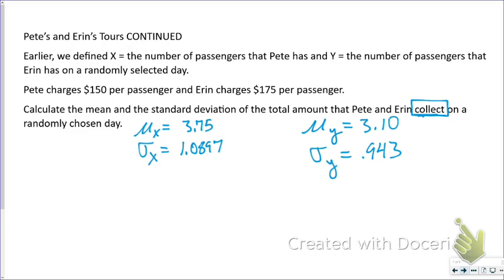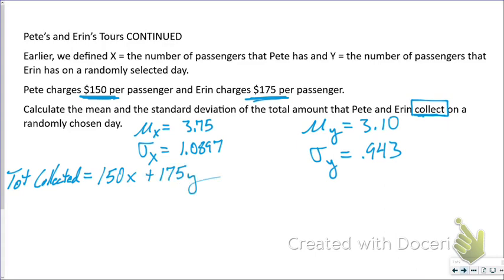And I need to write a function based on 150 for Pete and 175 for Aaron. So I would say total collected is 150x plus 175y. All right? And the mean is super easy.